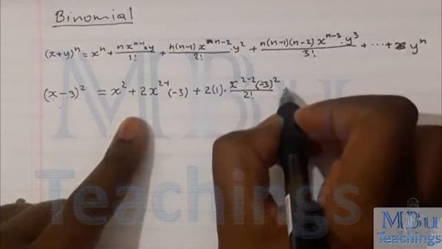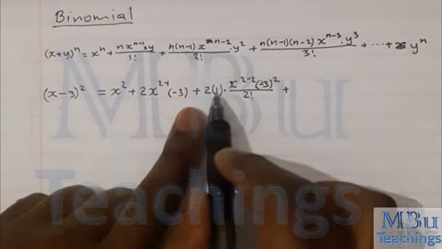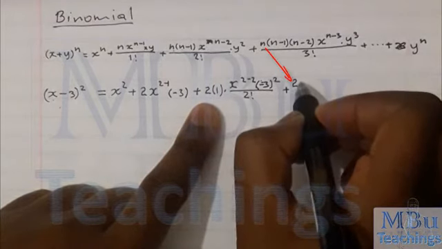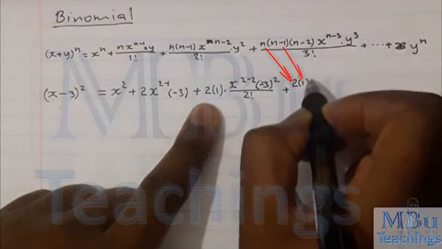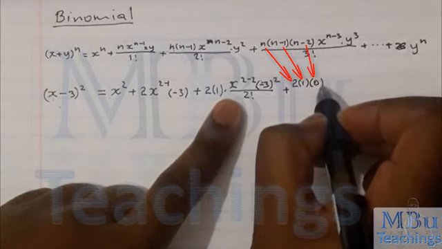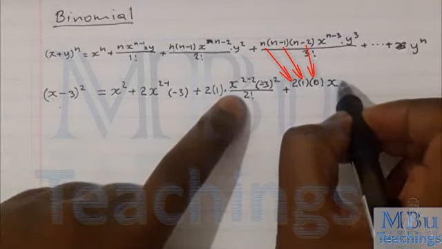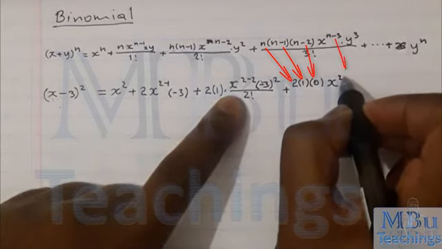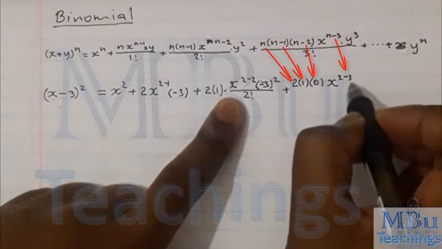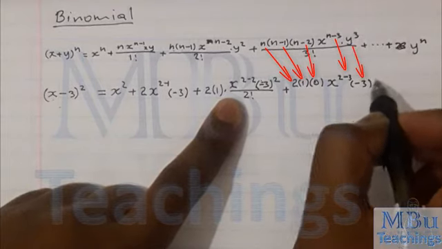Then say plus. Follow the same steps. So 2 times 1 times 0. So we'll have 2 into 1, and 2 minus 2 is 0 into 0. Then we have x squared minus 3, the exponent 2 minus 3 times negative 3.